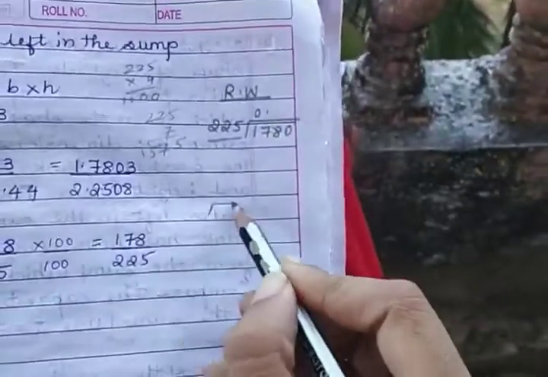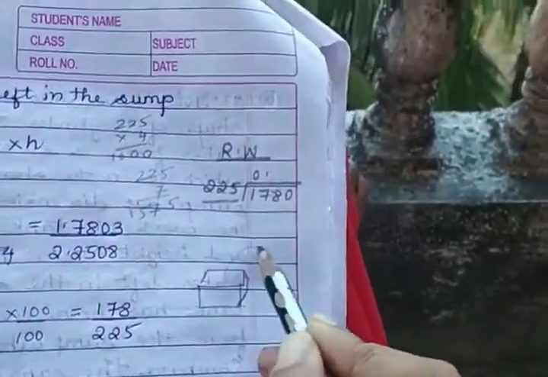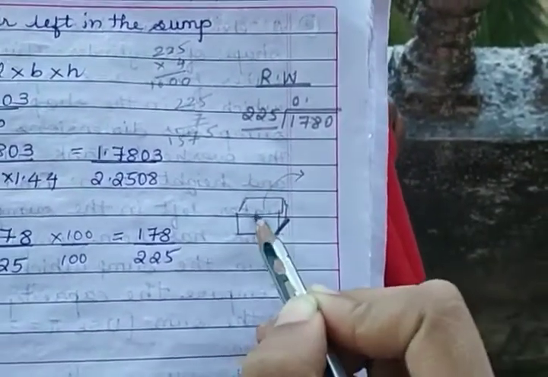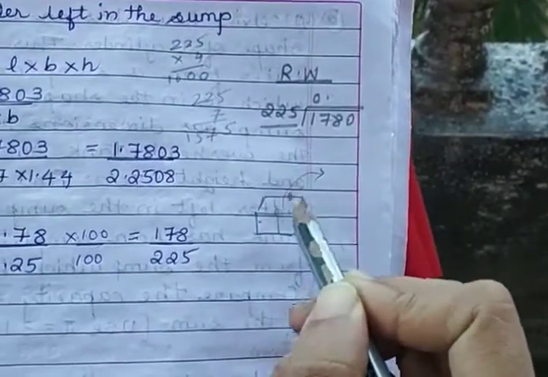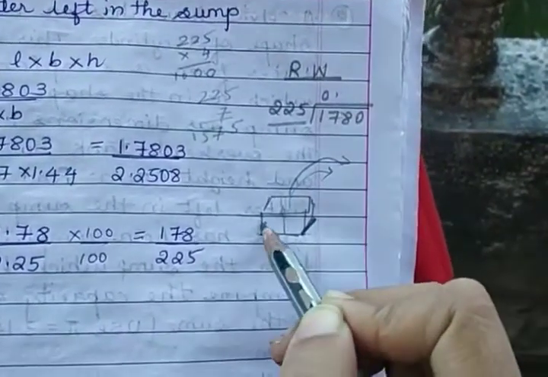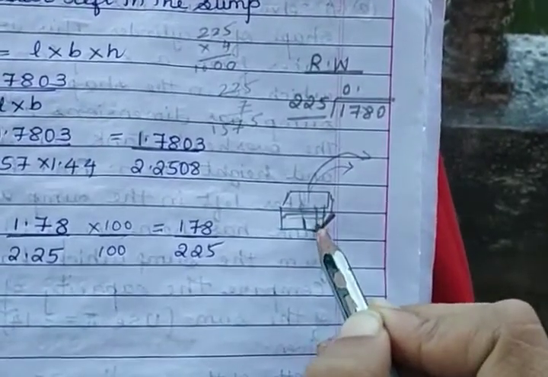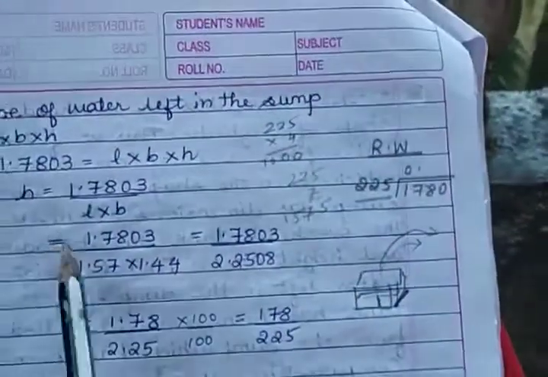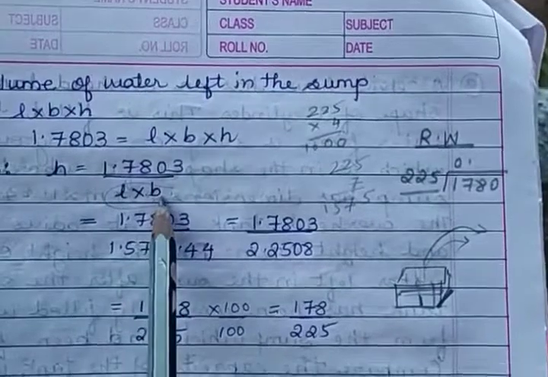When you talk about the sump, even after you pump the water, length and breadth will remain the same, correct? Only the height of water will change here because some amount of water has been pumped. So height will be less than the original height of the sump, but the length and breadth will remain the same. That's why we take the same length and breadth which was given in the question.